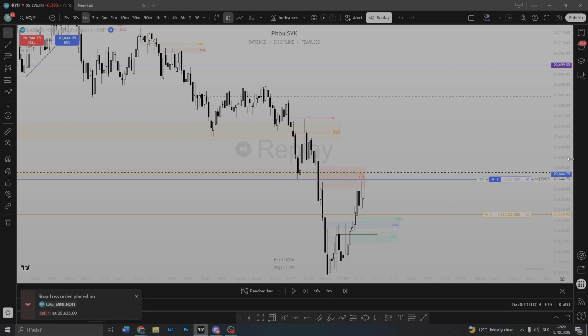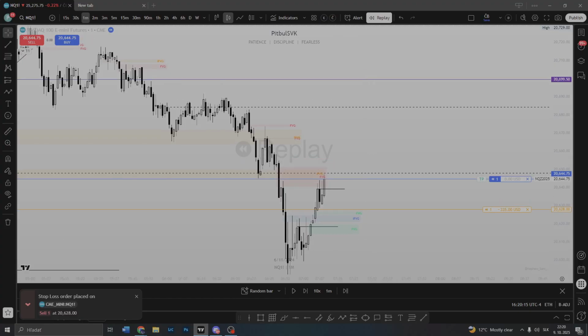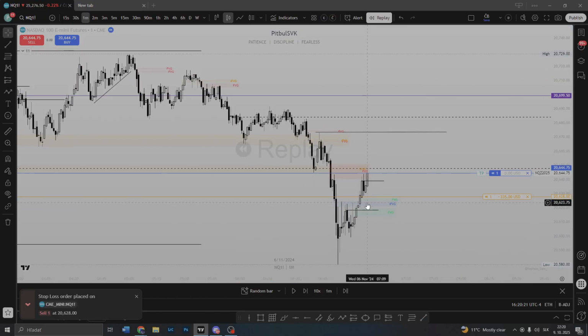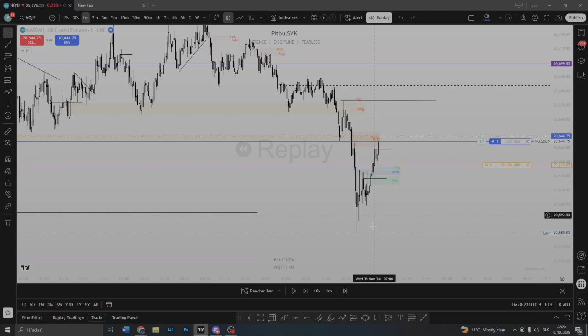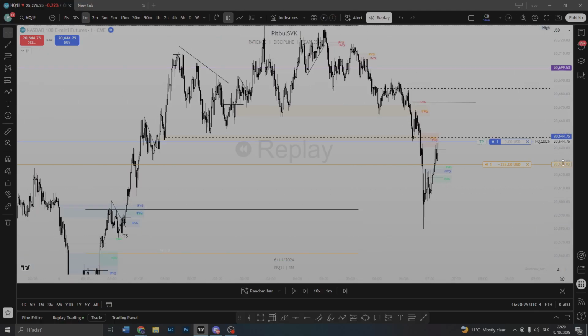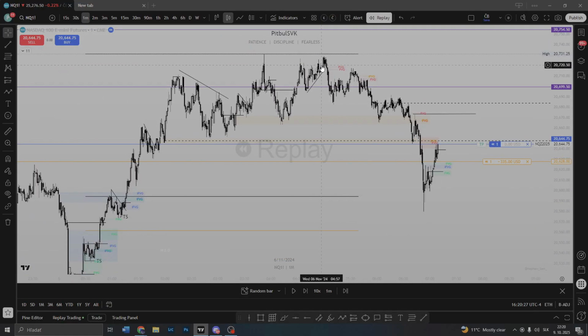And now in terms of targets, the low hanging fruit should be at least this high. But again, if I'm correct and this is the main manipulation right now, we should be taking the highs again, if we are still bullish and so on.